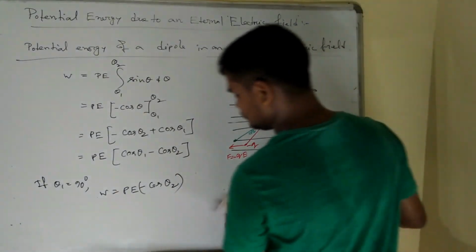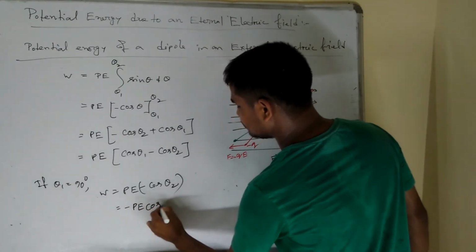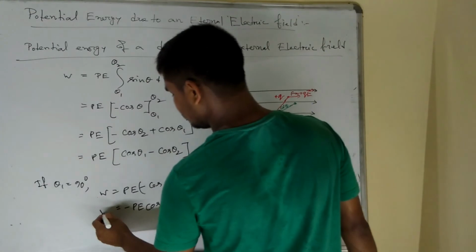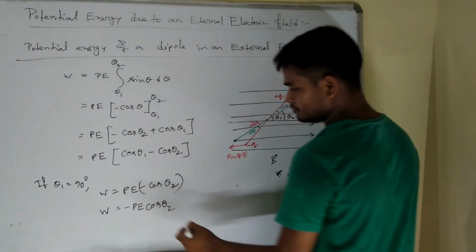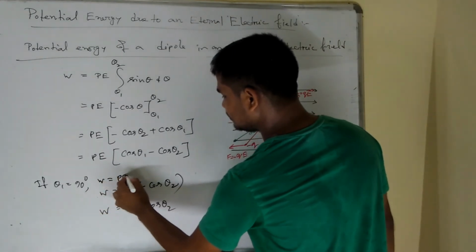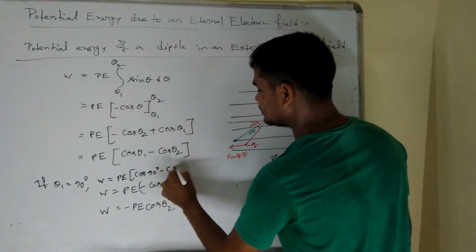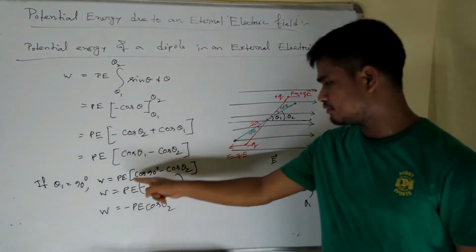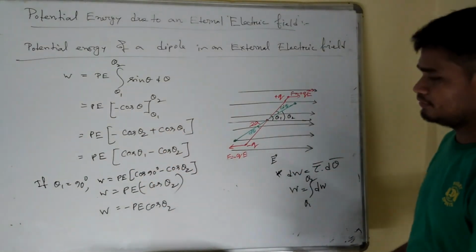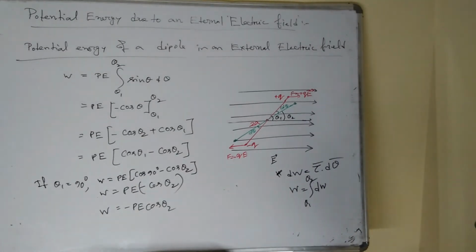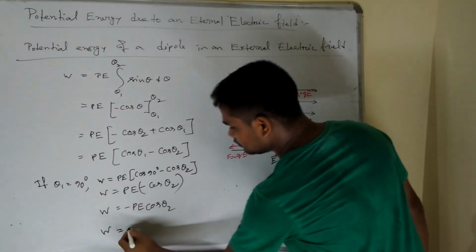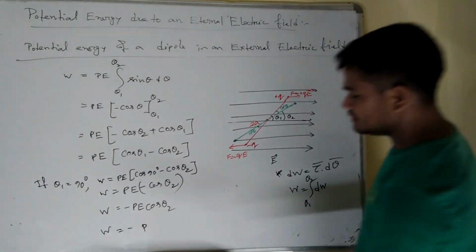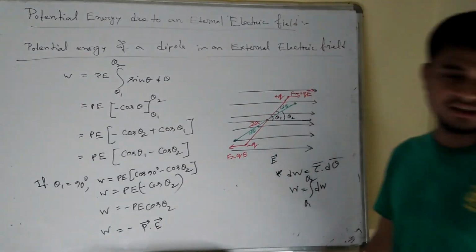Since cos 90 is equal to 0, work done is equal to minus PE cos theta 2, that is the scalar product, minus P dot E. This is the work done.